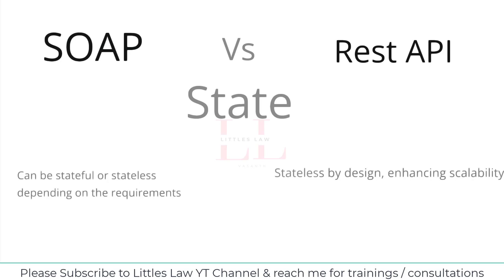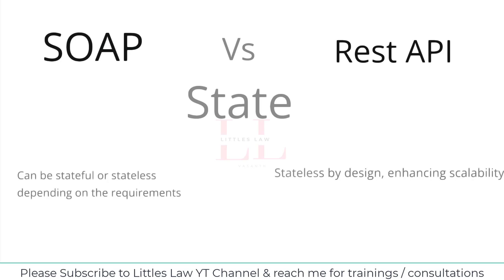So when it comes to SOAP, it can be both stateful or stateless. SOAP web services can be stateful or stateless depending on the design of the service. In a stateful SOAP service, the server may store session information or other data about the client across multiple requests. For example, during a multi-step transaction like a banking transaction, the server might keep track of the user account state as the transaction proceeds.